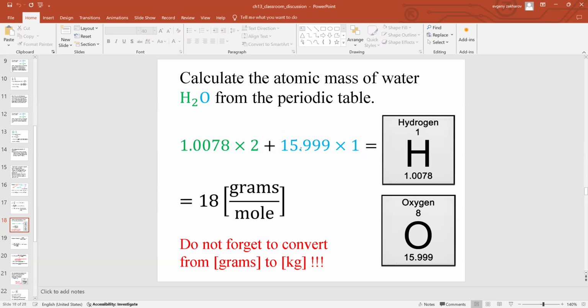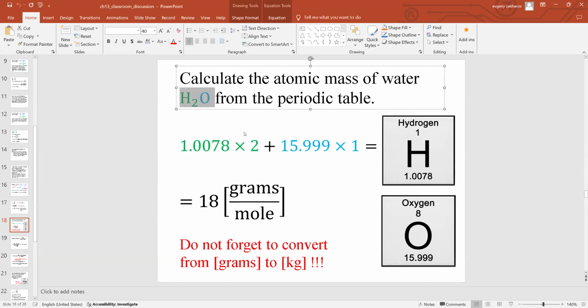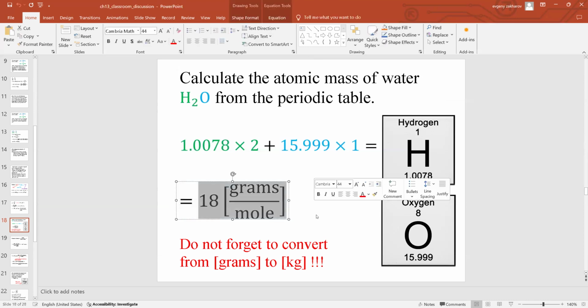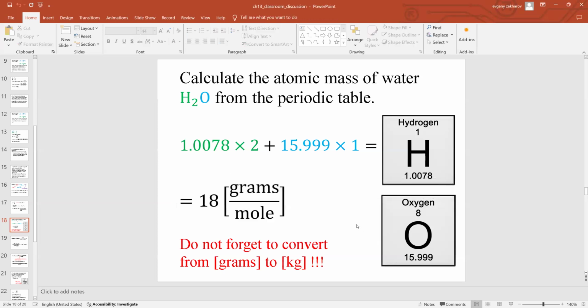And 1 atom of oxygen, which is really close to 16, but for super duper accuracy, we keep it as 15.999. Multiply by 1, add together for the total H2O formula, and you get 18 grams per 1 mole.